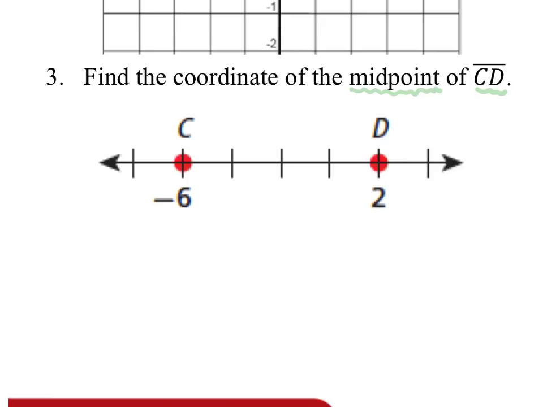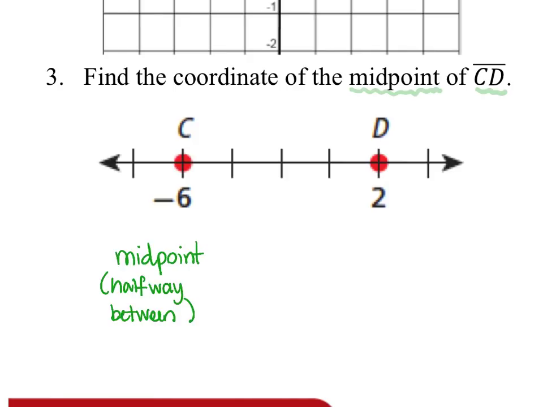We're looking at this on a number line right now, but if I said to you I wanted to find the midpoint between the ages of someone who is 8 and someone who is 12, you would know exactly how to do that. You would find the average or the mean between those 2 numbers, and that's exactly how we're going to find the midpoint.